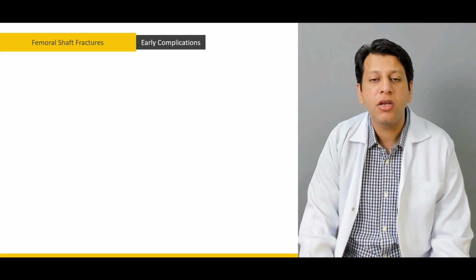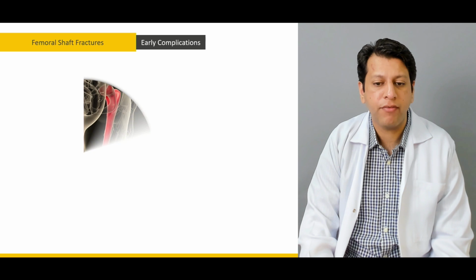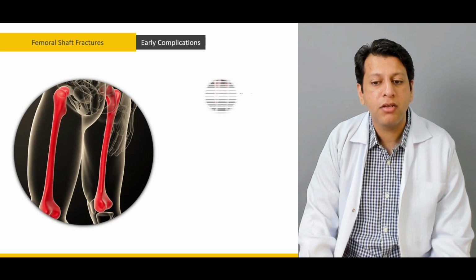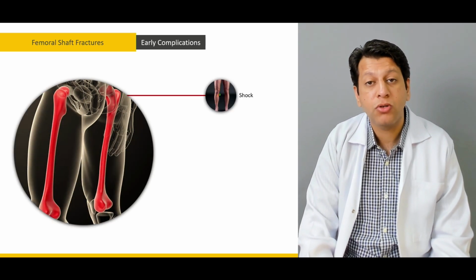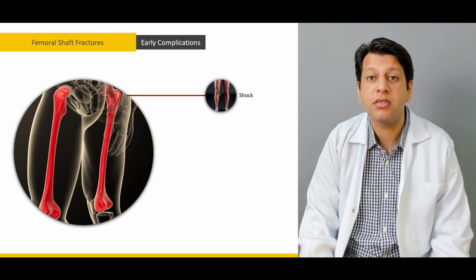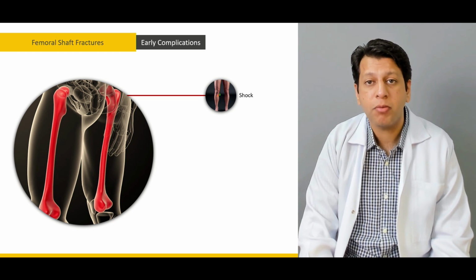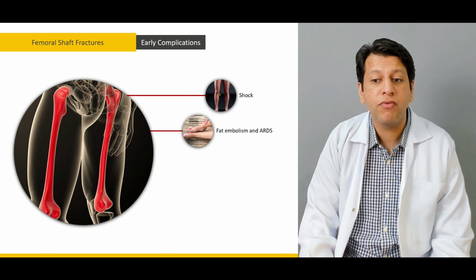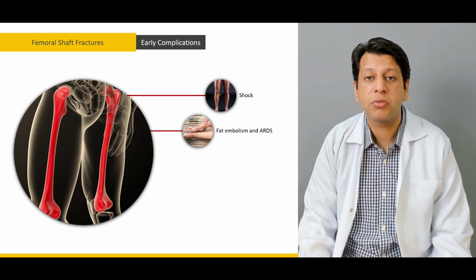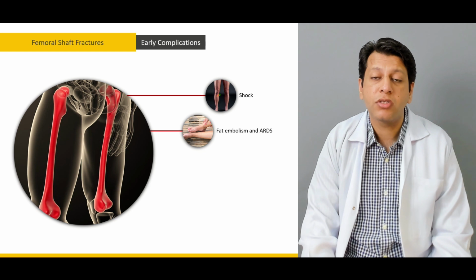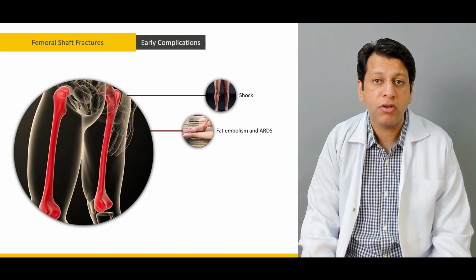Now coming to the early complications of femoral shaft fractures. This may include shock. Why? Because almost 1.5 liters of blood is sometimes lost in a closed femoral shaft fracture. There could be fat embolism and acute respiratory distress syndrome, because it's a long bone with a lot of medullary cavity.